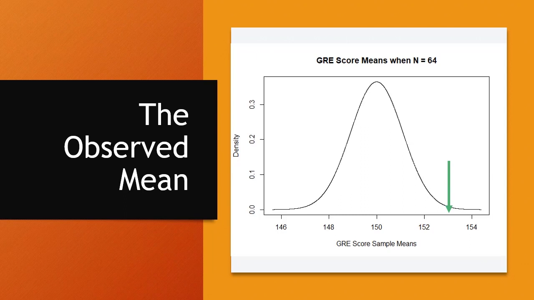Where is the mean that we actually observed? We know that the sampling distribution is simply a distribution of all the possible means. Well, which one is ours? And I've drawn an arrow here to indicate that ours is right here. That is one mean out of these thousands and thousands of means that are depicted in this sampling distribution. It's the mean that we obtained in our one sample.